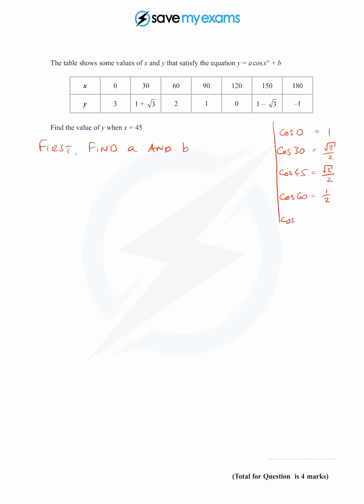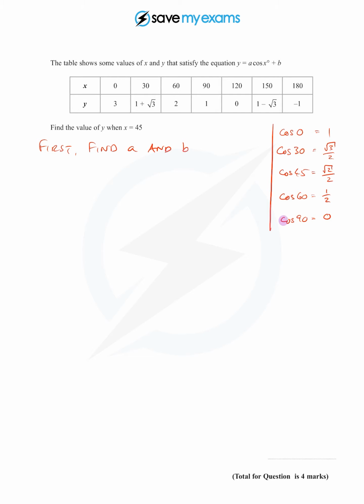And then cos of 90 is 0. Now, how you remember those is entirely up to you. There are various clever ways of remembering them, which I won't go into here. So, using these values, can we find the values of a and b?